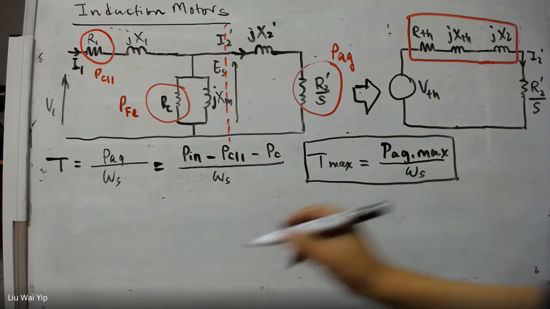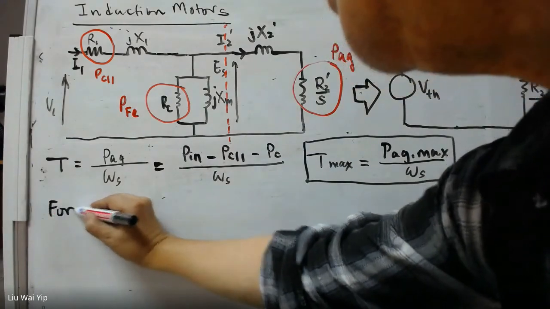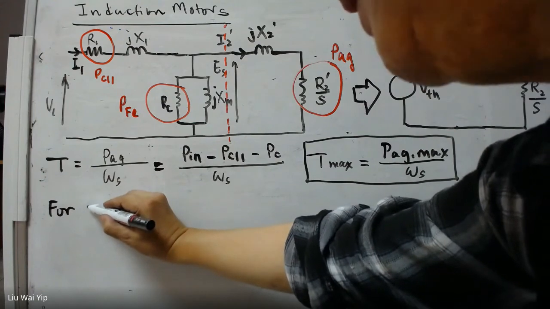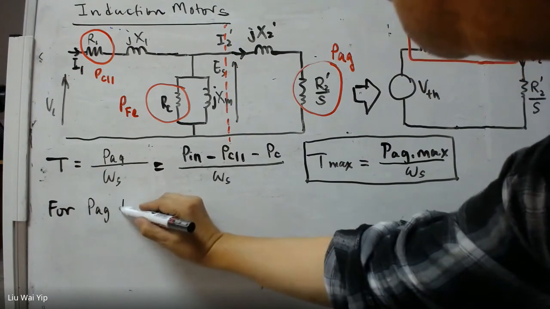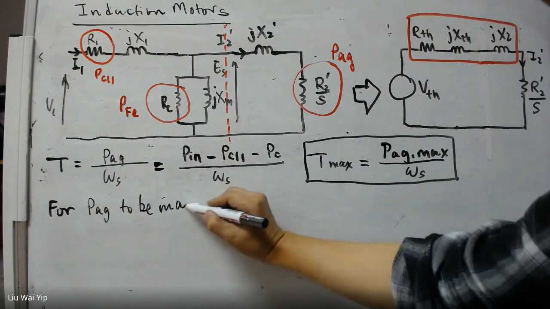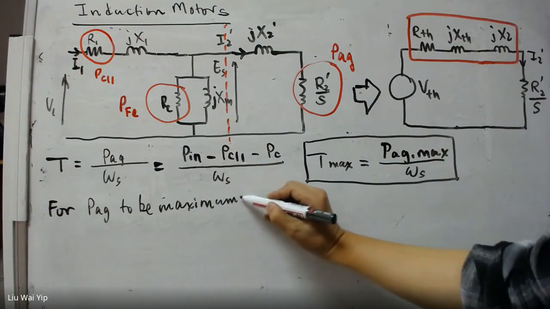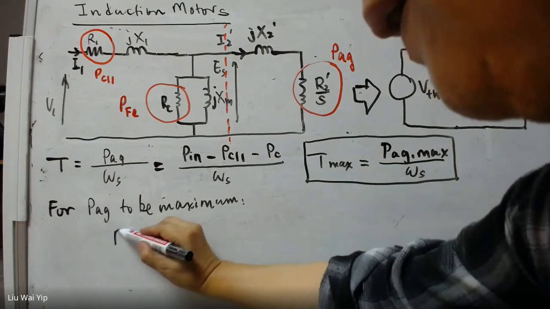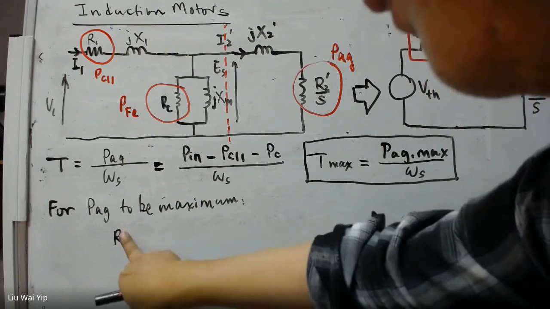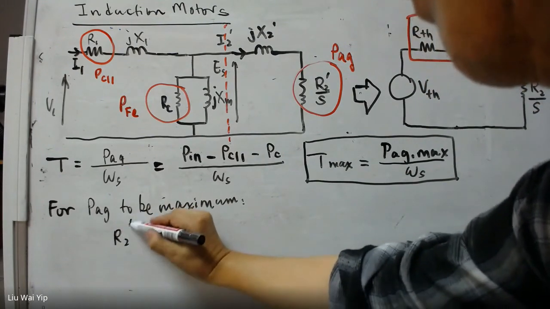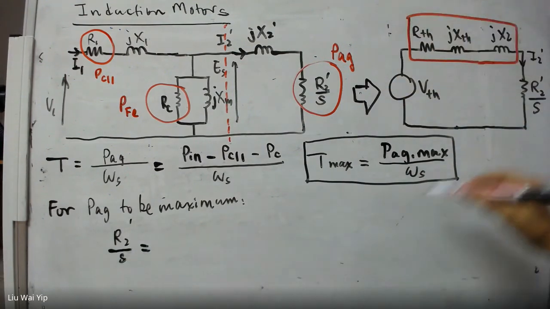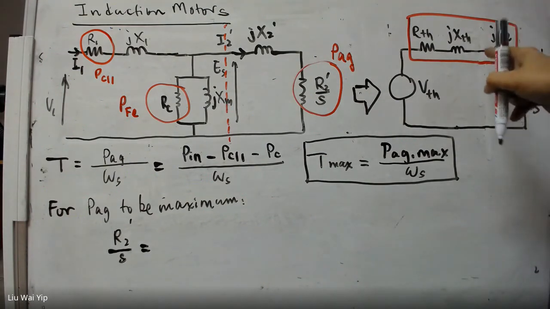And for the air gap power to be maximum, for PAG to be maximum, the R2, the resistance value here, has to be equal to the absolute value of the impedance here.